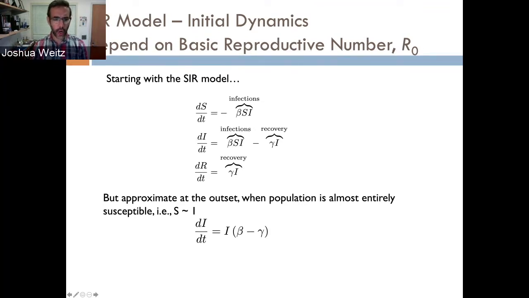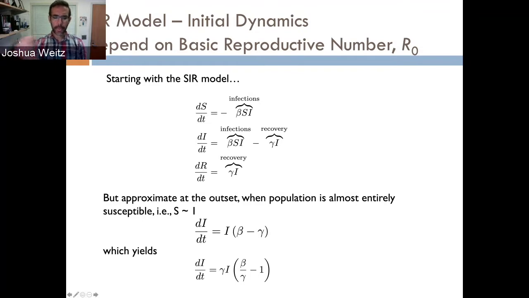This will either grow or decline exponentially based on whether the sign of beta minus gamma is greater than or less than 0 respectively. So when the transmission rate is greater than the recovery rate, we'll get exponential growth. And when the transmission rate is less than the recovery rate, we'll get exponential decay. Right?